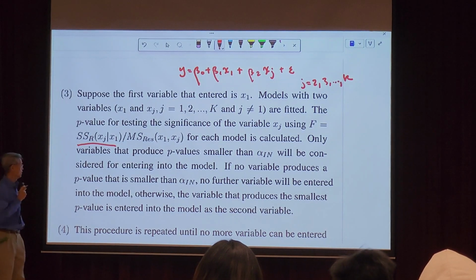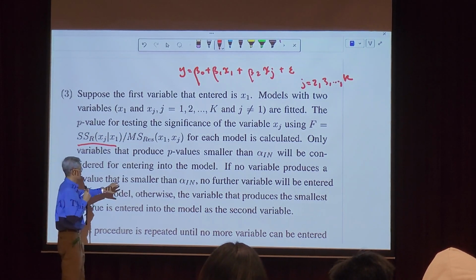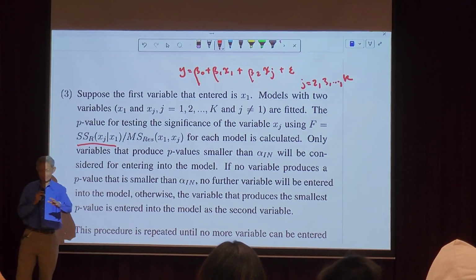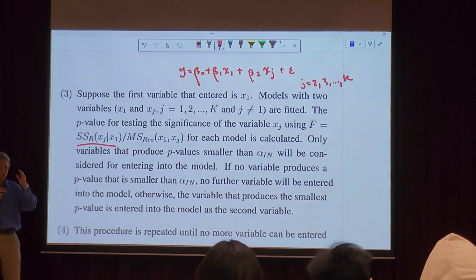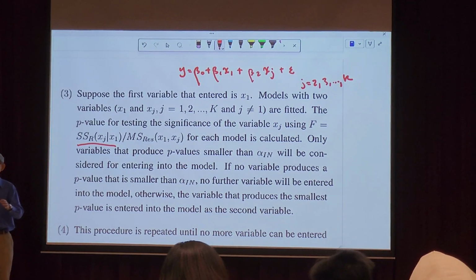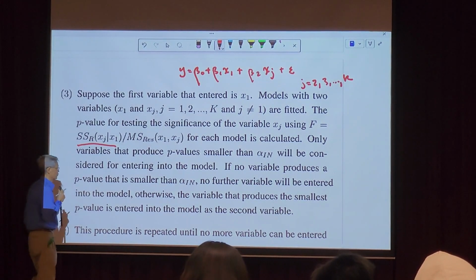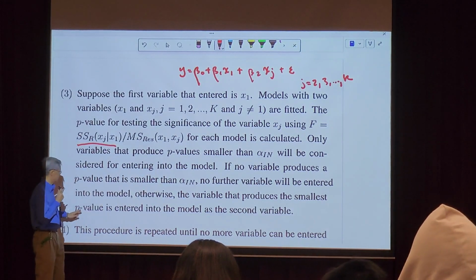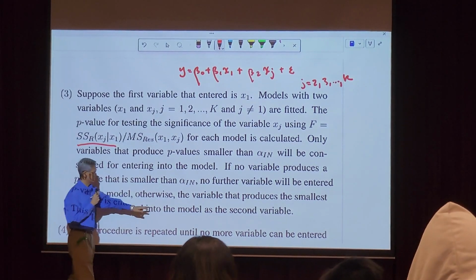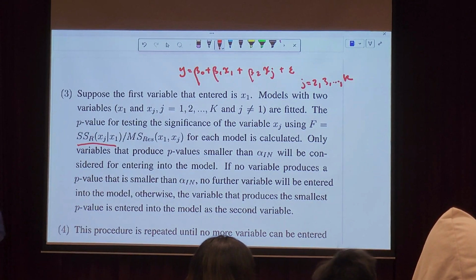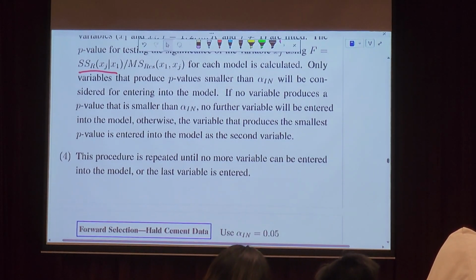Only those that are smaller than alpha in will be considered. Some p-values will be very much smaller than alpha in. Some will be close to it and so on. So which one do we choose? Same thing. We choose the variable that produces the smallest p-value to be entered into the model as the second variable. You got it?